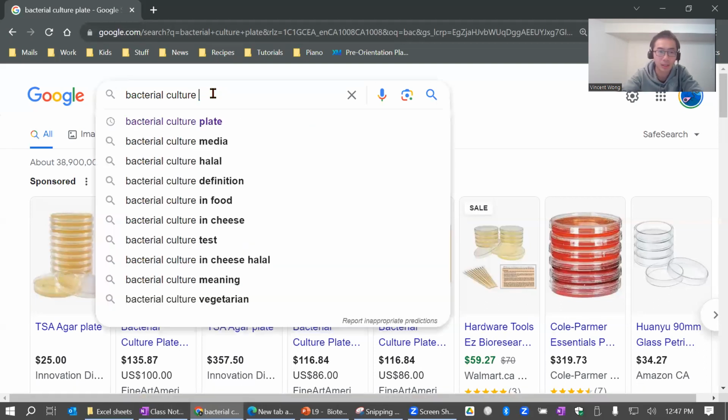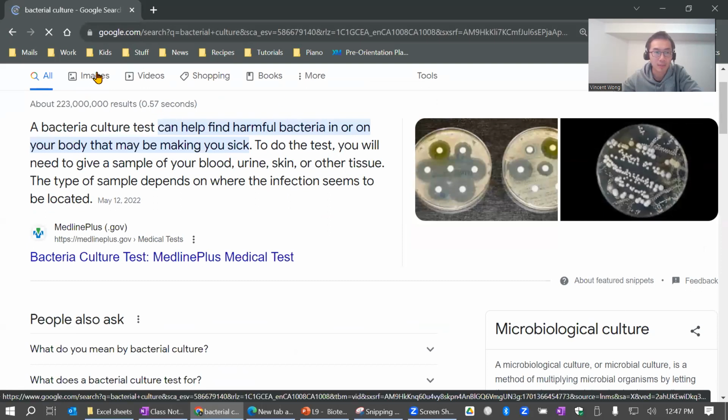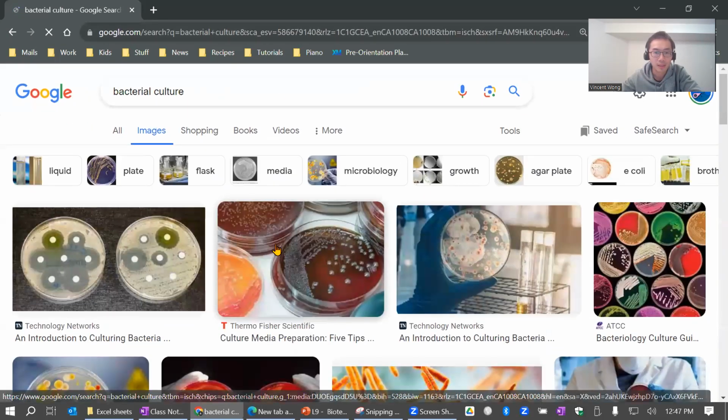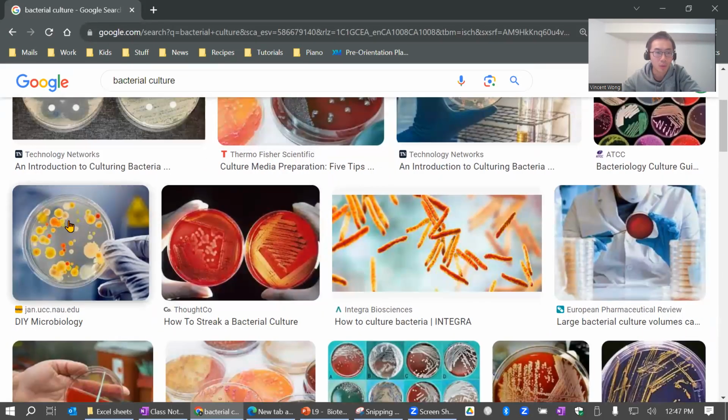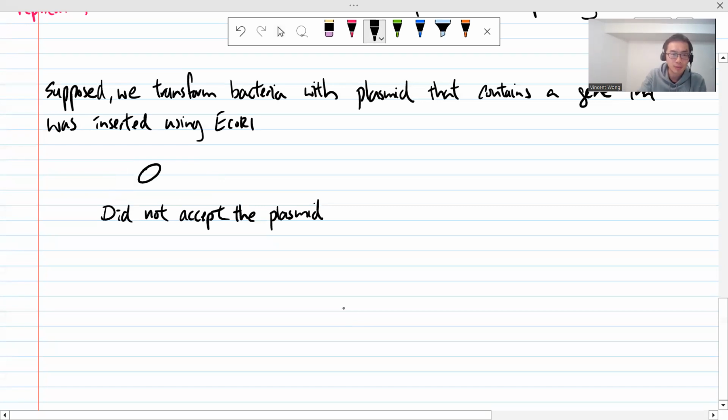Okay, and then let's take a look at what they look like. Afterwards they look like this. They grow little colonies like that. All right. That's basically how you culture them. If you didn't know, now you do. So this is the bacterium. You know what? Let's draw a bunch of them. Why not?